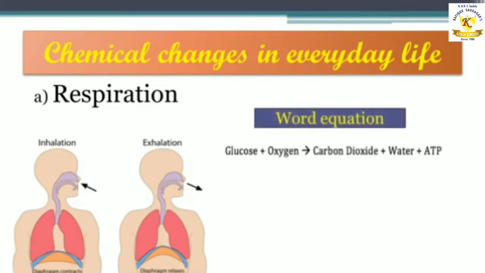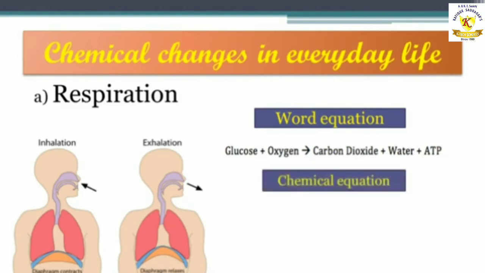So the word equation can be written as glucose plus oxygen gives us carbon dioxide, water plus ATP, and the chemical equation for the same is written as follows: C6H12O6, that is glucose, plus O2, oxygen, gives us CO2, carbon dioxide, plus H2O, water, plus ATP, that is energy.